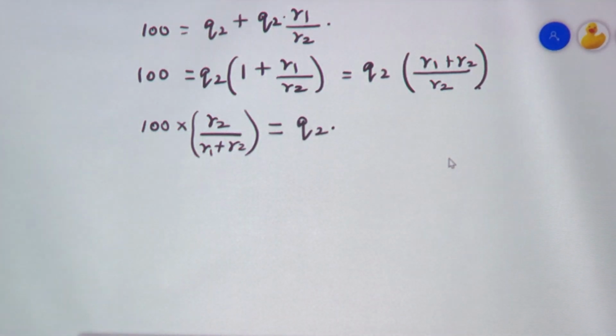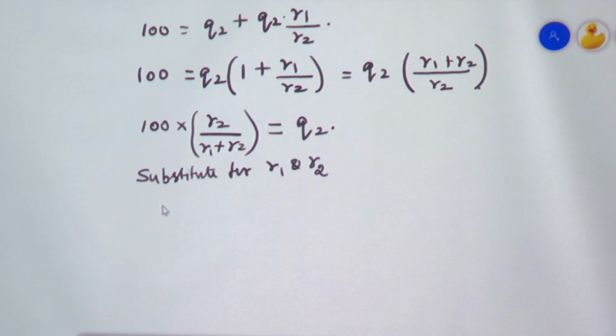See, we know the value of R1 and we know the value of R2. So in this equation, you substitute for R1 and R2. I can write Q2 equal to 100 into, what is R2? R2 is 2 centimeter. Let us keep it in centimeter itself because both will cancel.